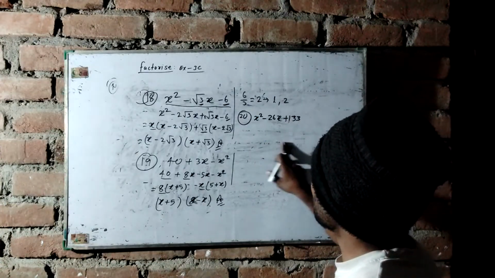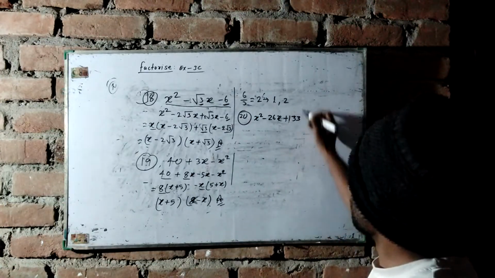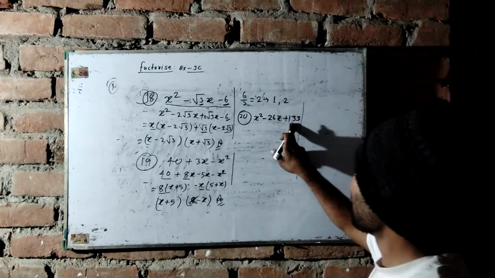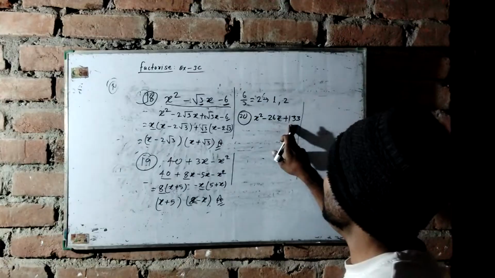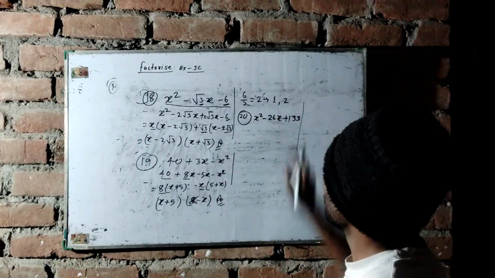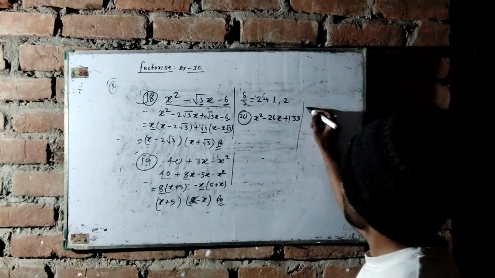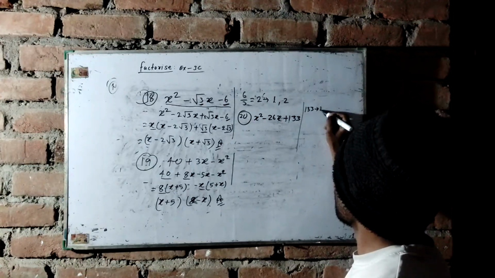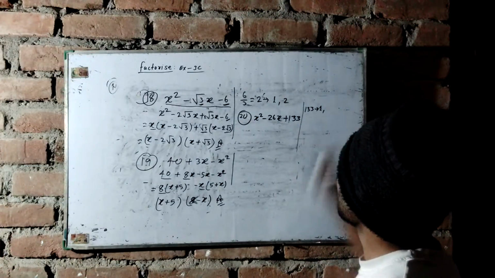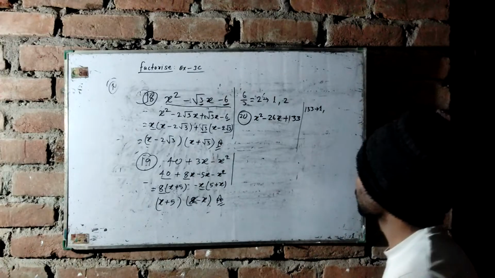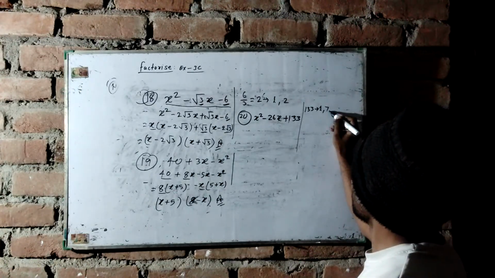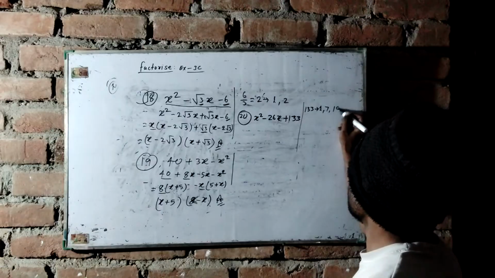Okay, so you have to write all factors of 133. All factors of 133 will be 1, 7, 19 and 133.